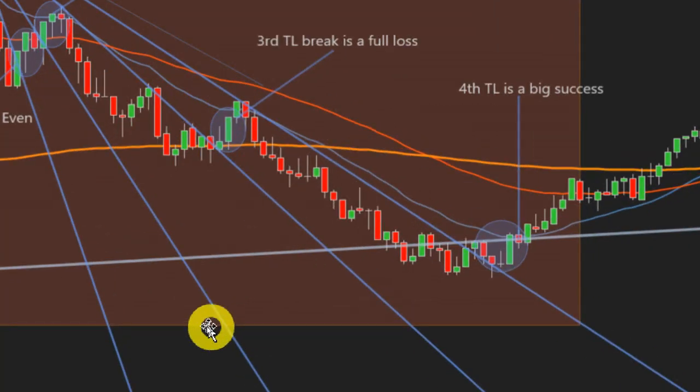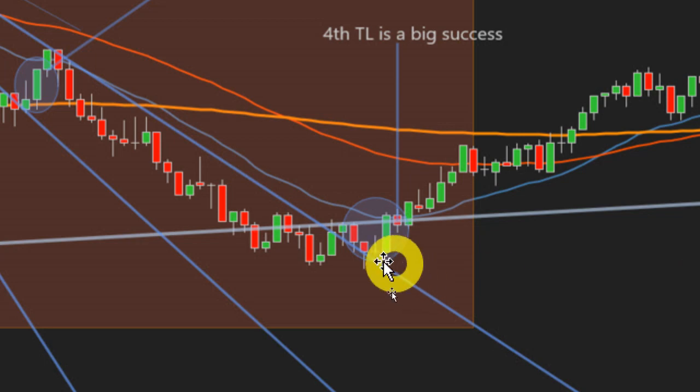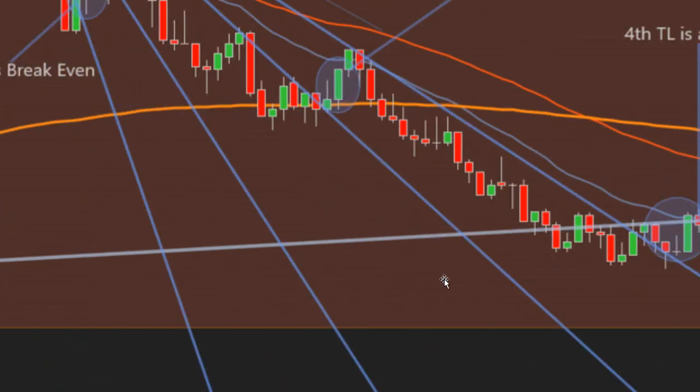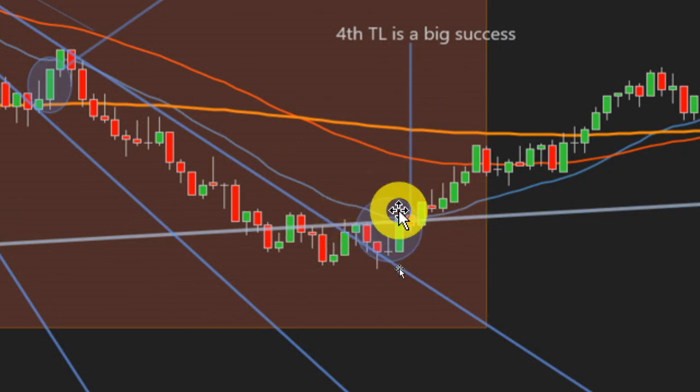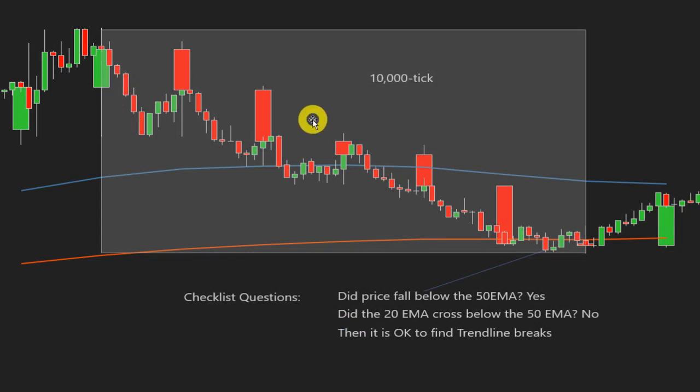And what we're looking for is it to break the trend line. Really, if it breaks the trend line, you're going to want it to get back up over the moving averages. But we'll take the trend line break before that because we know that on the 10,000 tick chart, price is still bullish. That's why we don't want the 10,000 tick chart to fall below the moving averages.